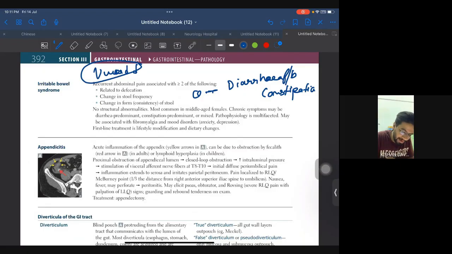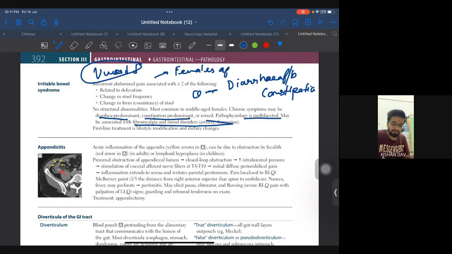Chronic symptoms may be diarrhea predominant, constipation predominant, or mixed. Pathophysiology is multifaceted, no need. Associated with fibromyalgia and mood disorders. So most commonly it will be seen in females after 50 years, because fibromyalgia is most commonly seen in females. Okay, no need to worry about anything. And the treatment is lifestyle modification and diet change. Okay, that's it.